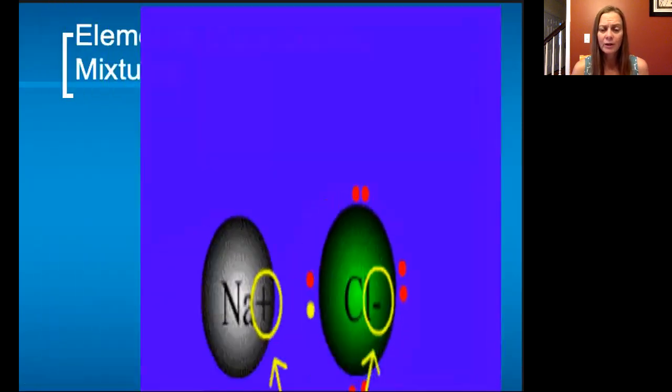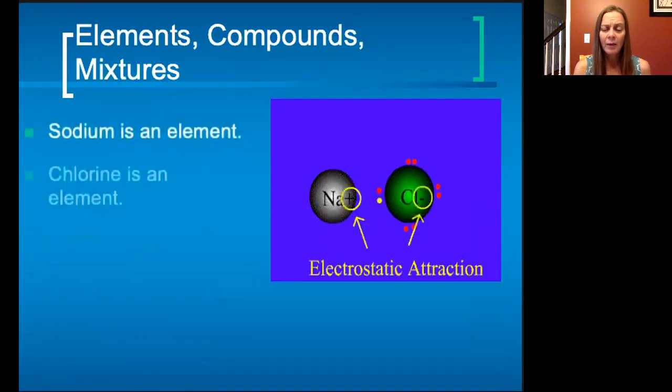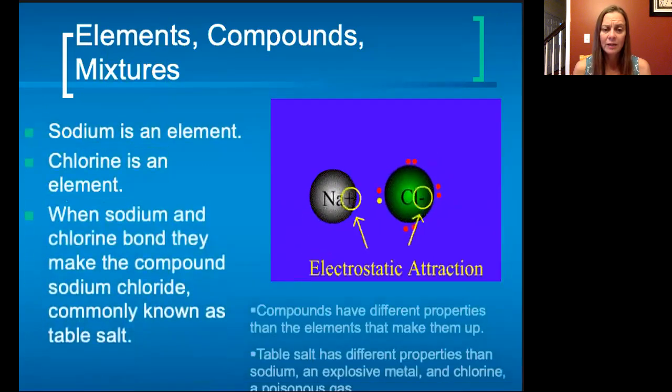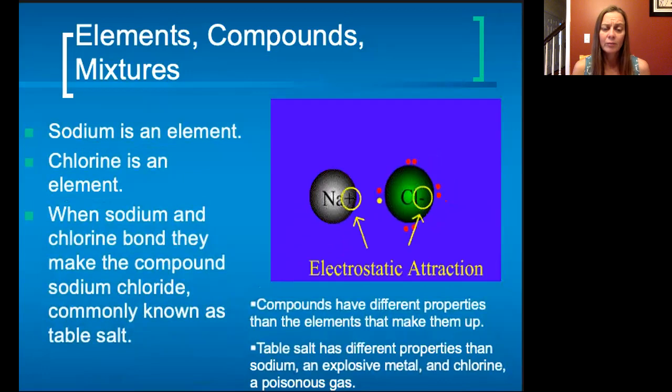Okay, so we talked in the last unit about elements, compounds, and mixtures. It's important that we recognize that an element is the smallest unit that can retain its chemical properties. And when 2 elements combine to make a compound, they both lose their own chemical properties and gain new chemical properties.